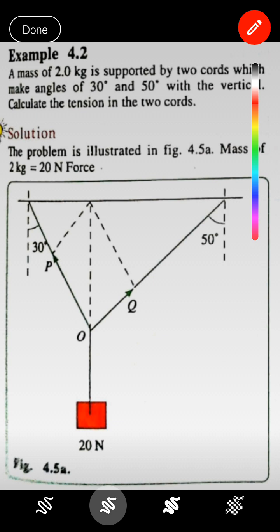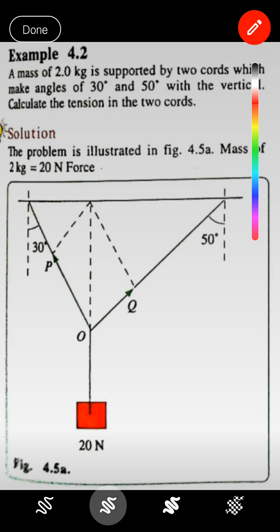That is, the end of one connects to the tail of the other. So we can choose the head of P connecting to the tail of Q. So we have something like this for P.